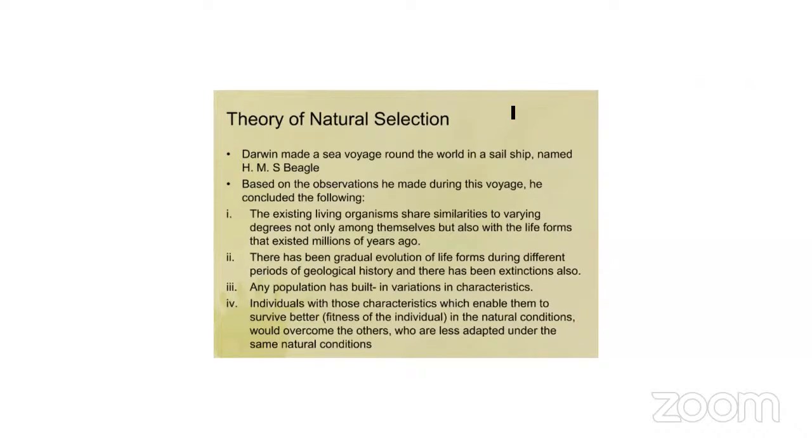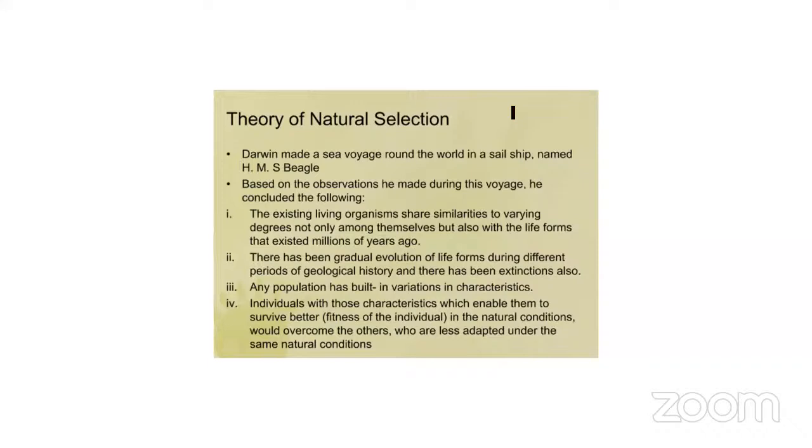Darwin made a sea voyage round the world in a sail ship named HMS Beagle. Based on the observation he made during the voyage, he concluded the following. The existing living organisms shared similarities to varying degrees not only among themselves but also with the life forms that existed millions of years ago.